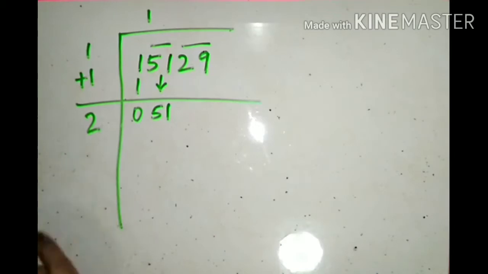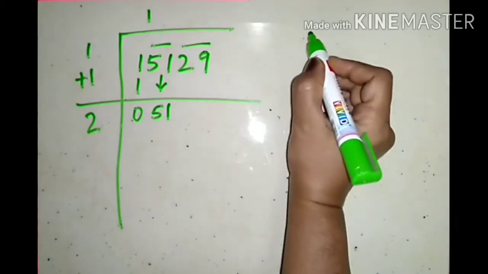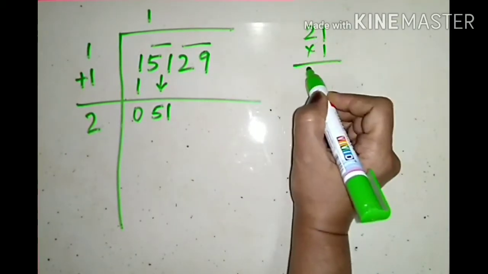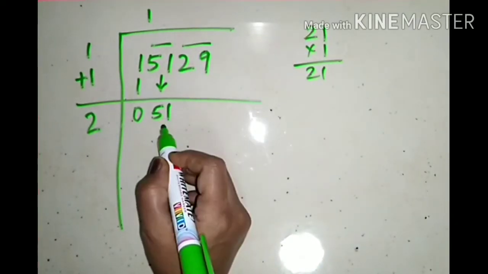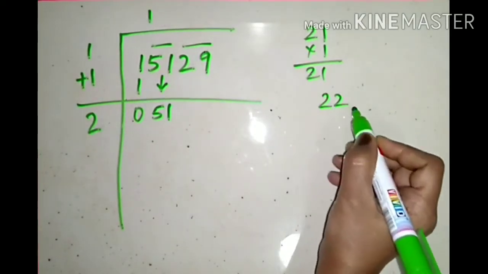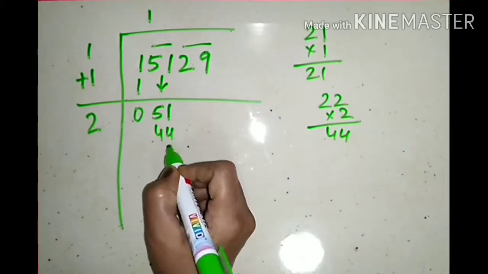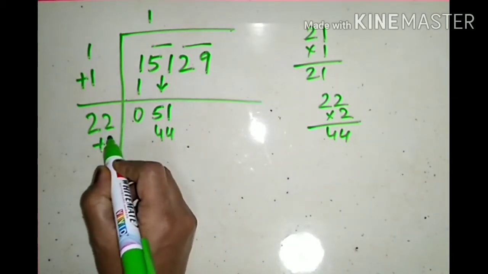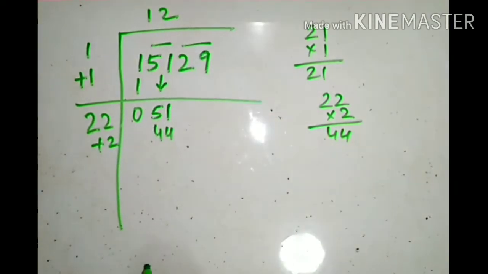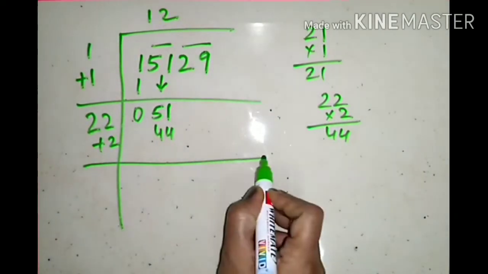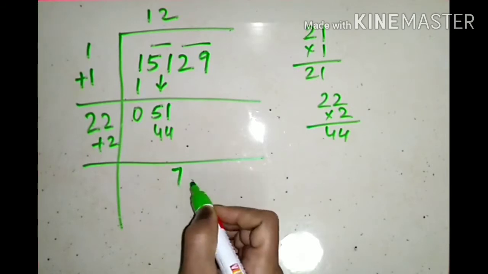2 here. Now we have to write 21 into 1 will be 21. We want something close to 51. So we'll choose 22 into 2, 44. So 44, 2 plus 2, 4 here. Subtract, we have 7.